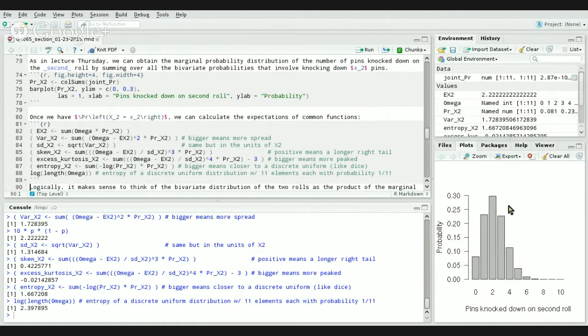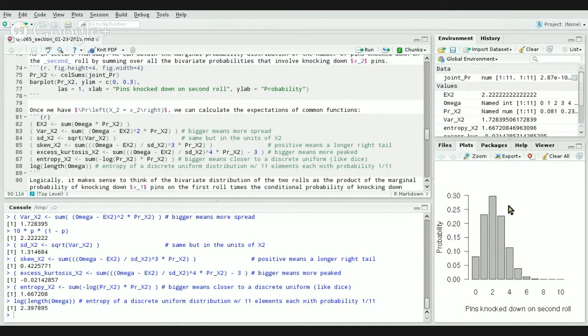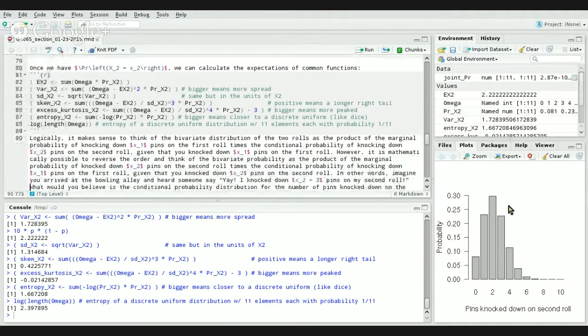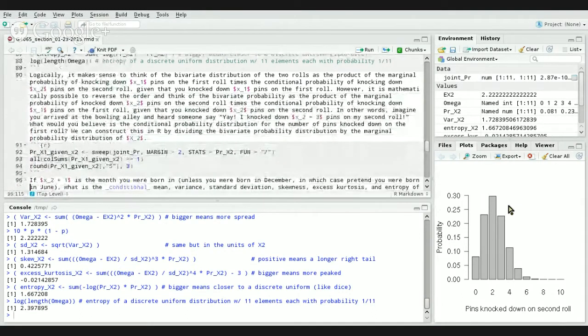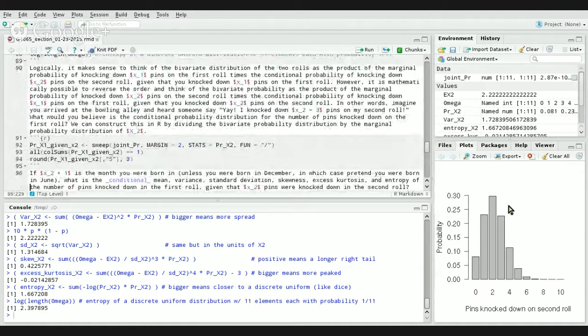Moving on, it makes sense logically, in terms of the substantive application to bowling, to think of the bivariate probability distribution as being generated by a marginal probability of knocking down x1 pins on the first roll multiplied by the conditional probability of knocking down x2 pins on the second roll, given that you knock down x1 pins on the first roll.